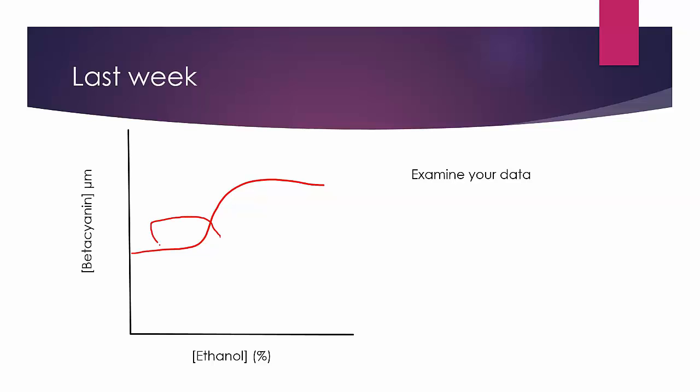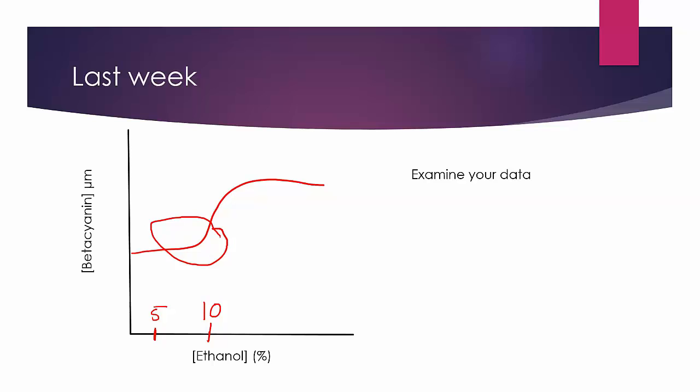Let's say this area of the graph interests me. Let's say this area of the graph represents, I don't know, 5%, and over here is 10% ethanol. So I might design a new experiment to look at this area in more detail, and I may test 5, 6, 7, 8, 9, and 10% ethanol to look at that very specific part of the graph more specifically. So I may analyze that region of data and get a clearer picture of how cell membranes are affected.